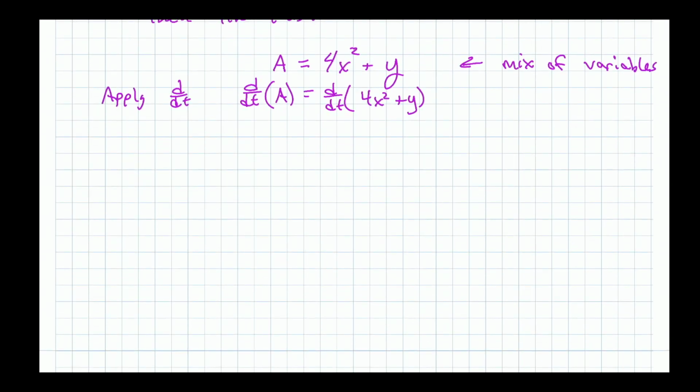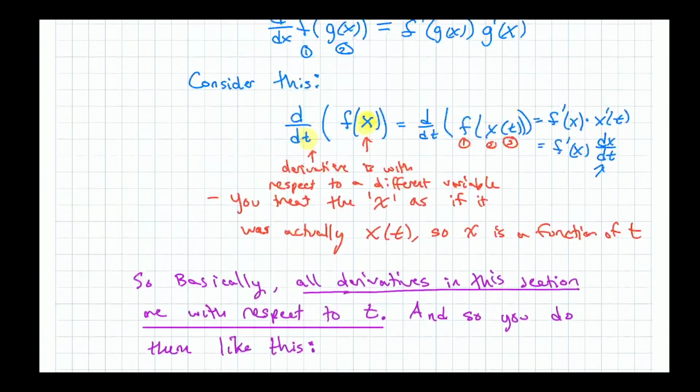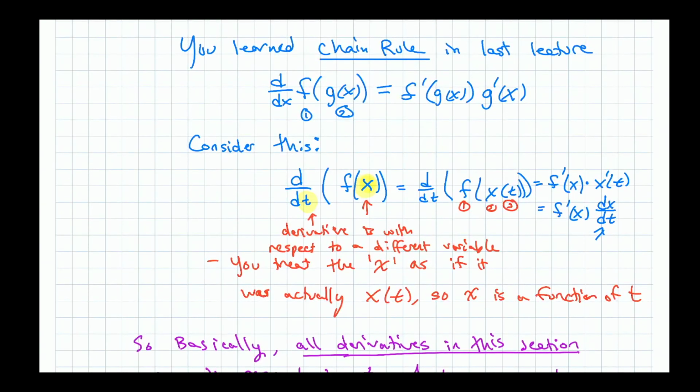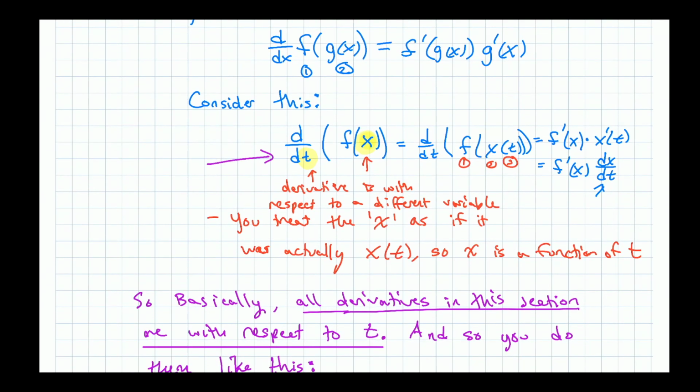Okay. When you do those derivatives, you're going to be paying attention to the rules for the chain rule. So again, look at what we do, right? The key here is to notice that when you take the derivative of a function of x now with respect to t, you just do the derivative normally, right? f prime of x.